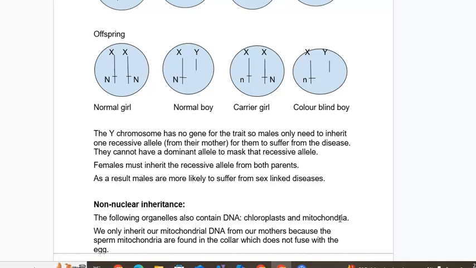So all the mitochondria in the zygote come from the mother. So all the DNA in an individual's mitochondria came from that person's mother. None of the DNA in the mitochondria comes from the father. Okay, so that's just an interesting point to remember.